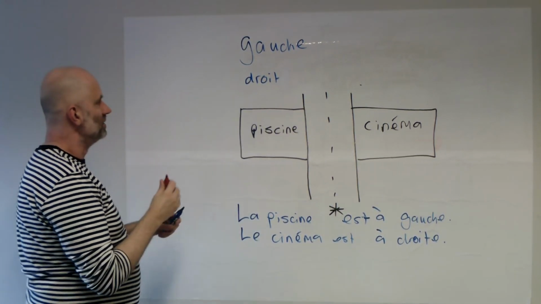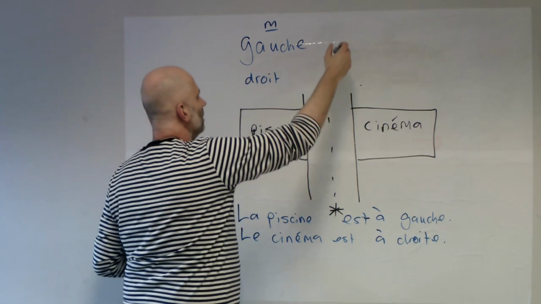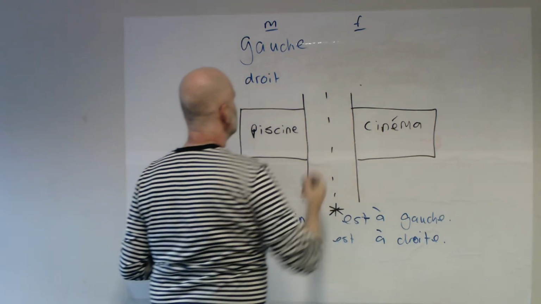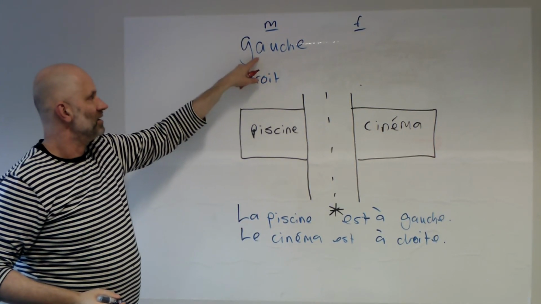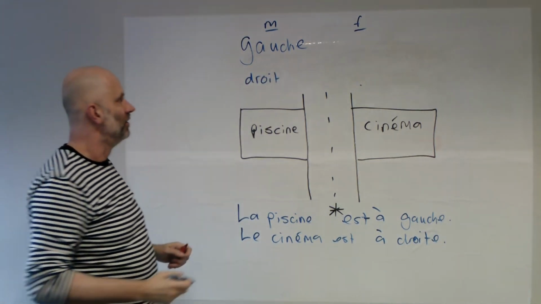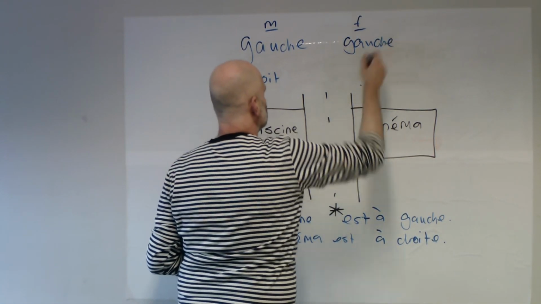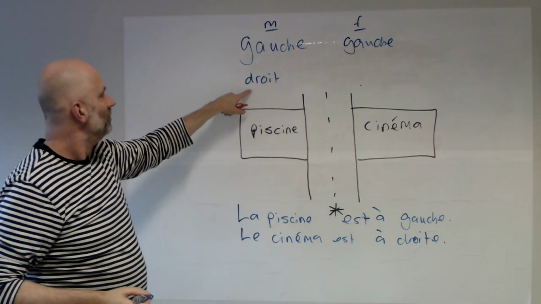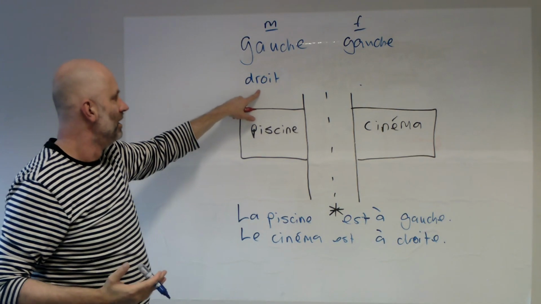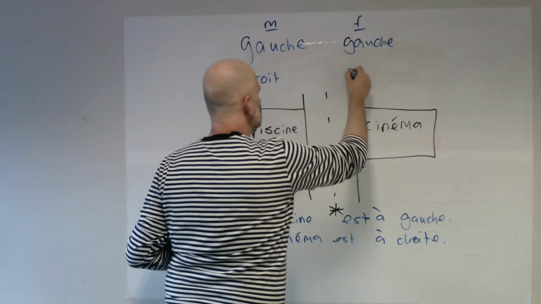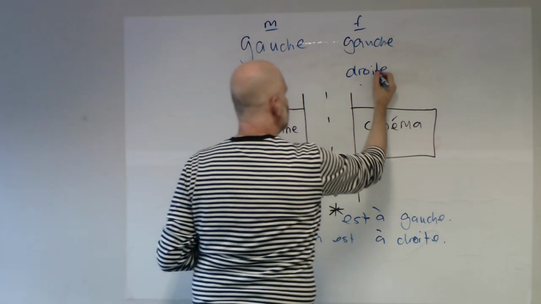Now, I've done the masculine forms, so this is masculin, féminin is here. So you can see that gauche, the masculine form already ends with an E, so the feminine form will be exactly the same. That's also gauche. Now, droit means right, that's the masculine form, but to make it feminine, it's droite. Okay, so we add an E and now you can hear the T.